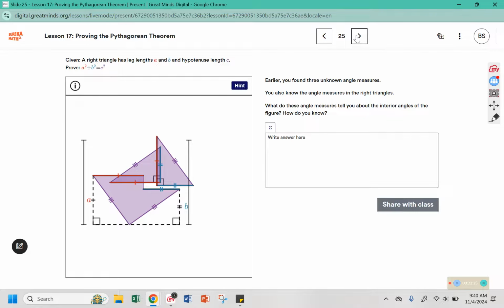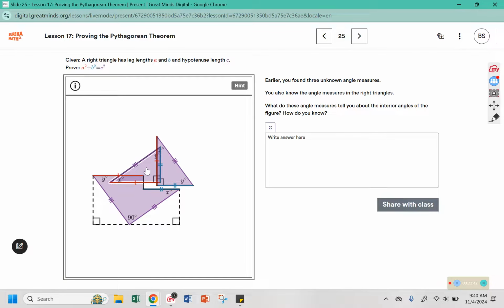Earlier you found 3 unknown angle measures. You also know the angle measures of the right triangles. What do these angle measures tell you about the interior angles of the figure? How do you know? Do these still need to be stacked up here? I'm assuming so. We knew that x plus y made a 90-degree angle.